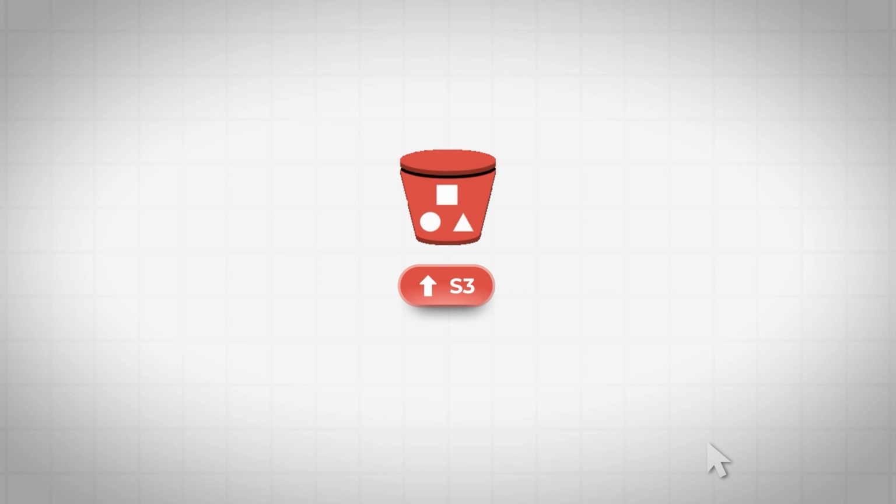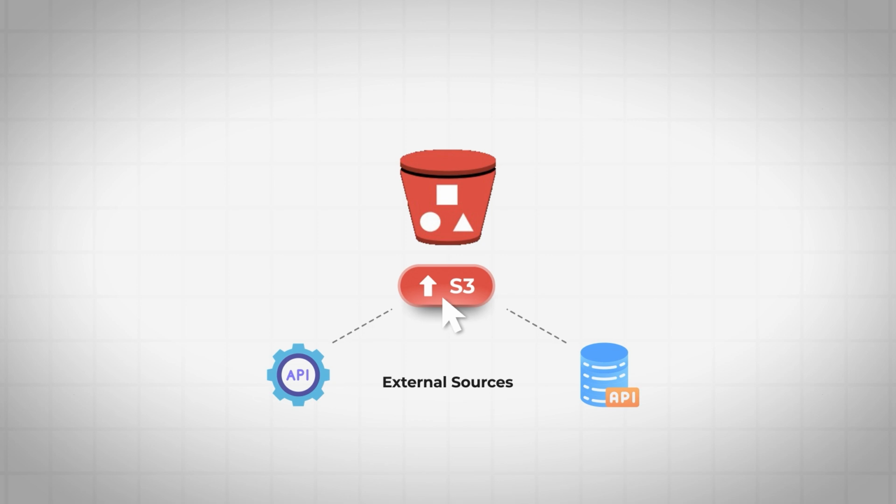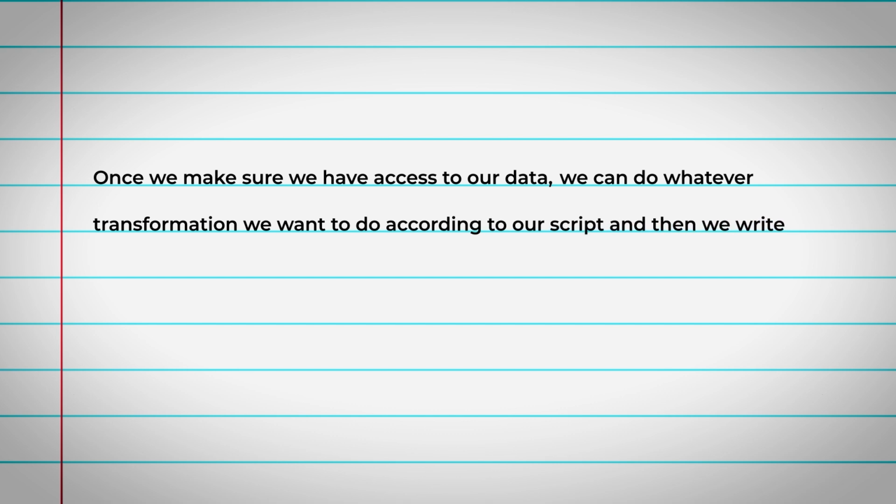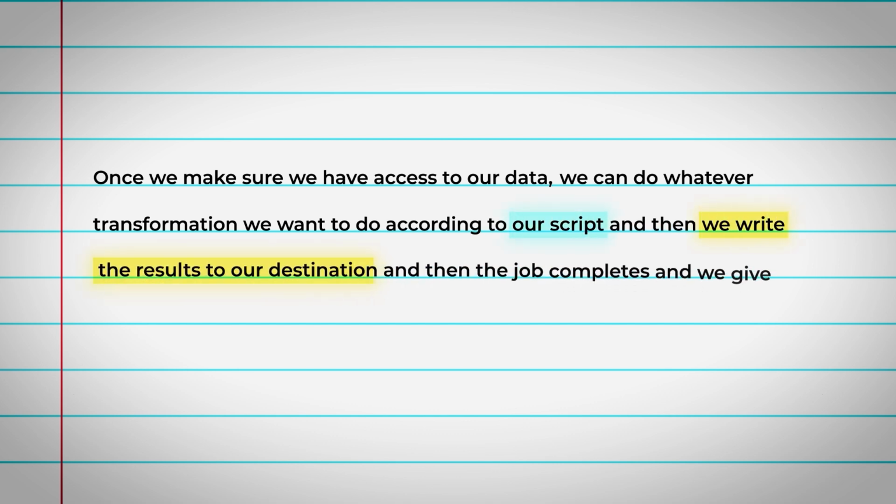For example, in our case, it's going to be stored in S3, but as we mentioned before, it can be stored in external sources too. Once we make sure we have access to our data, we can do whatever transformation we want to do according to our script, and then we write the results to our destination, and then the job completes, and we give away the resources.